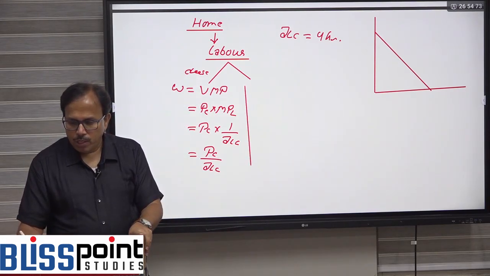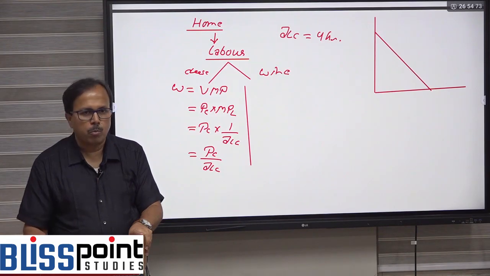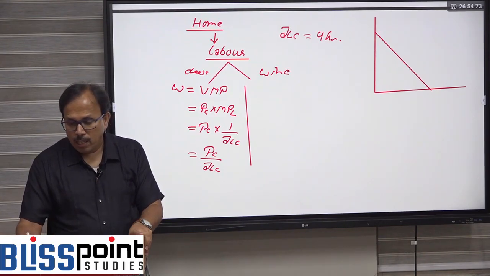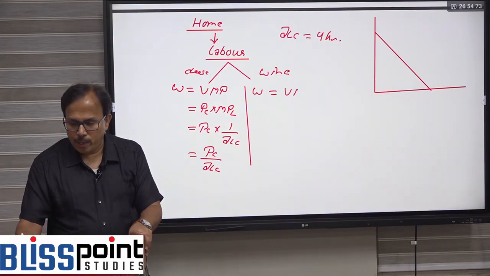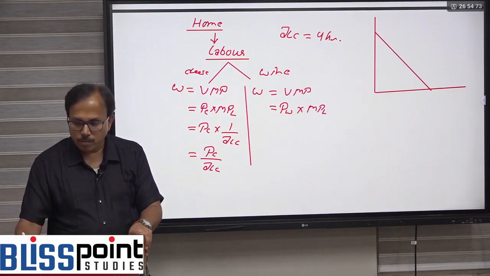Compare it with wage in wine. So the alternate use of labor is to produce wine. In the wine market also there is perfect competition. So wage will be equal to VMP here also. Now that will be price of wine into marginal product of labor in wine.